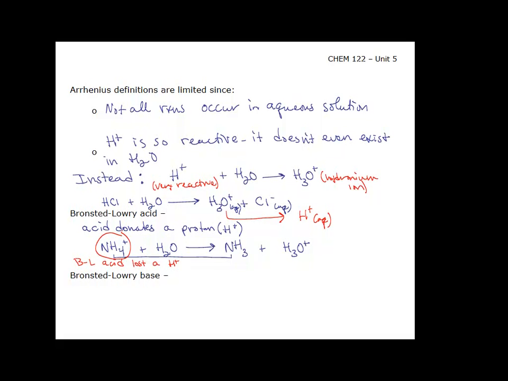Now, in Bronsted-Lowry, the currency is protons. So if a Bronsted-Lowry acid donates a proton, a Bronsted-Lowry base must accept a proton. So a base accepts protons. If we look at the above reaction, water accepted a proton, so that is your Bronsted-Lowry base.